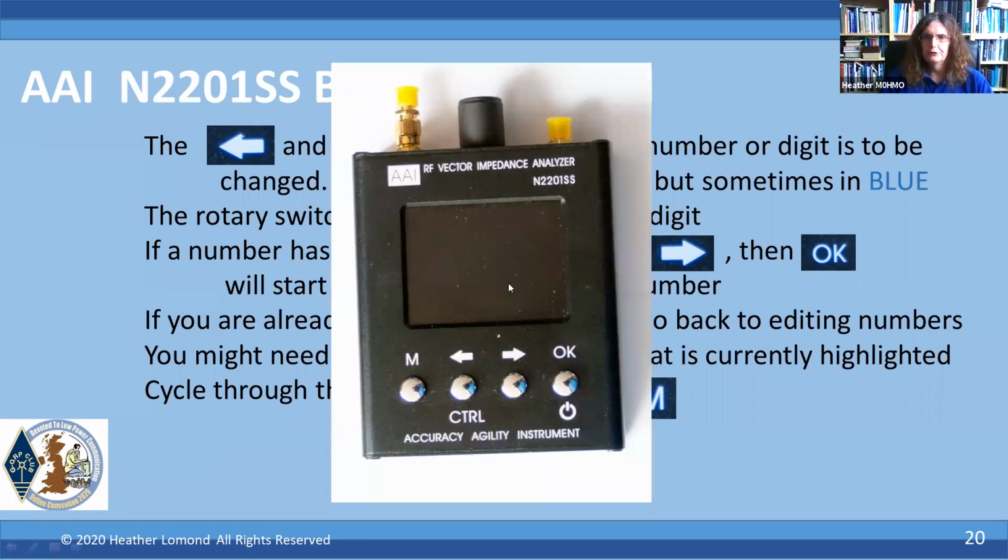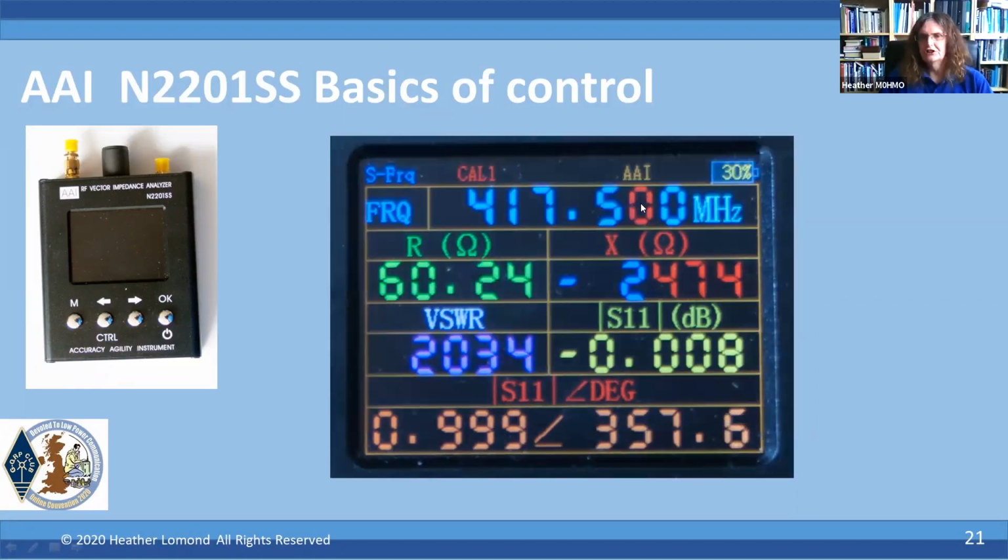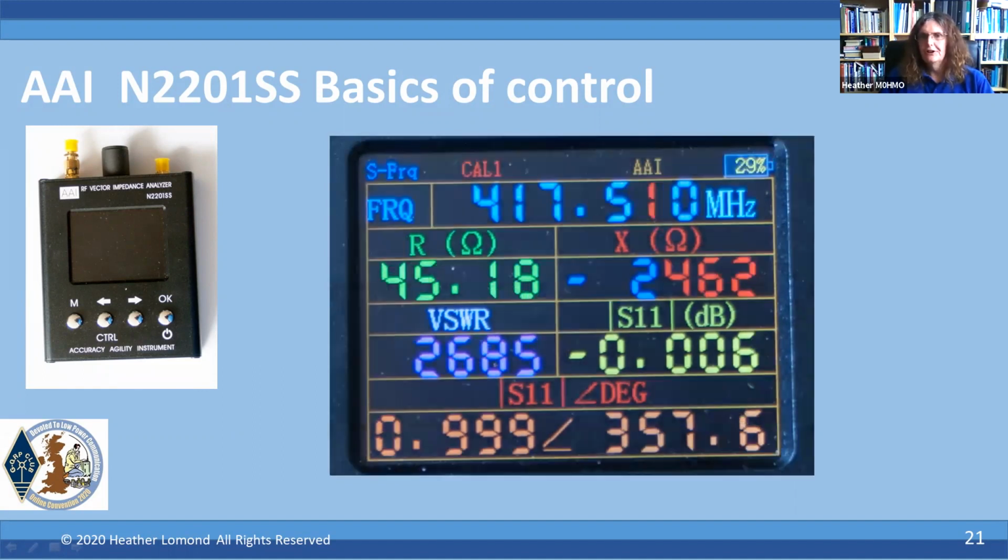A quick run through of how that works. We turn it on, you see a screen like this. At the moment, this 5 here is edited. So if I turn this knob at the top, I will see this digit changing. If I push the right arrow, it moves to a different digit, and I can change that. Now I've changed it.